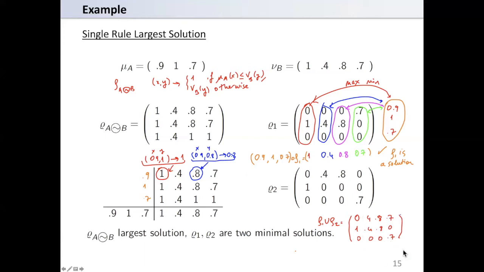So this is a subset of the Gödel relation. The theorem was saying that the Gödel relation is the maximum one in terms of the subset relation. So this is the largest possible solution.